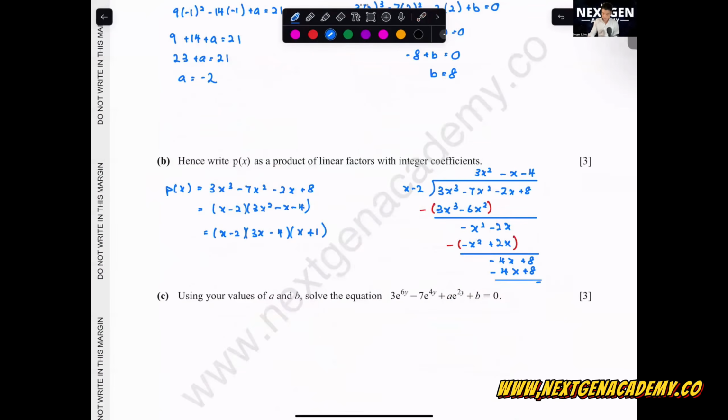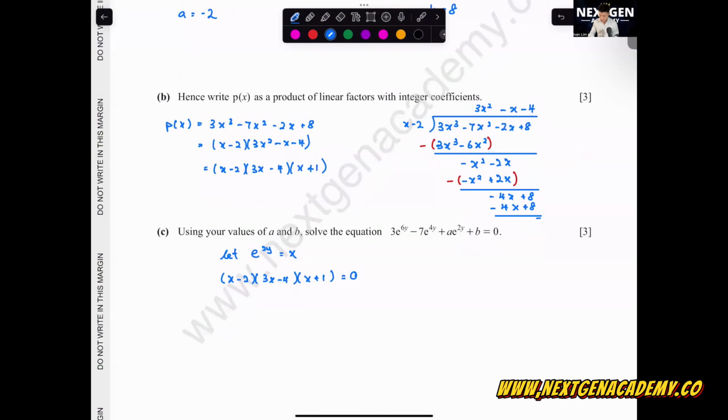So we let e to the power of 2y equal x. The solution we just calculated should be (x minus 2)(3x minus 4)(x plus 1) equals 0. So we got these three answers: x equals 2, x equals 4 over 3, and x equals negative 1.